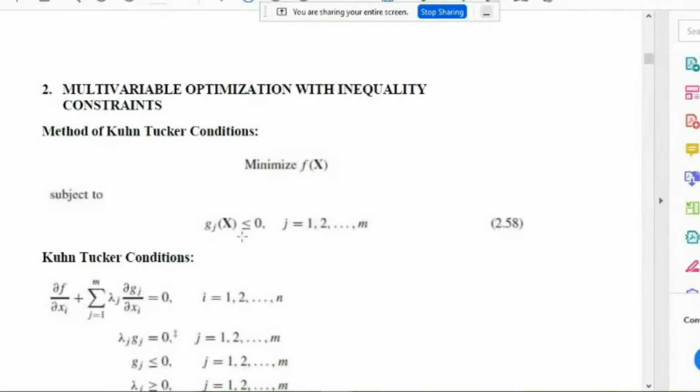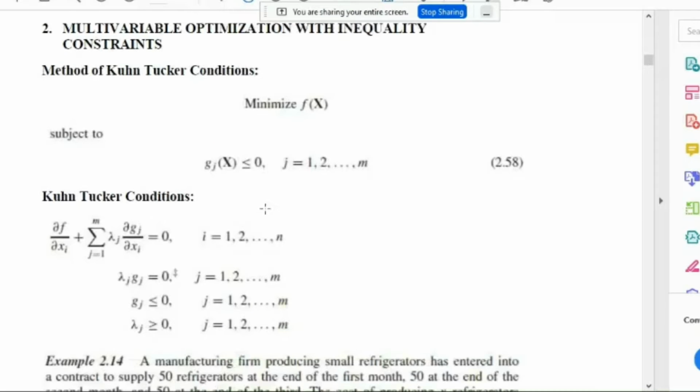So the inequality may be of less than or equal to type or greater than or equal to type. If a combination of both less than or equal to and greater than or equal to types is there, then with respect to the given objective function, you have to manipulate all the constraints into either the less than or equal to form or the greater than or equal to form only. A mix of both types cannot be solved, so that is why we have to convert it.